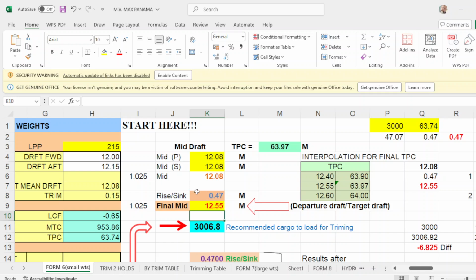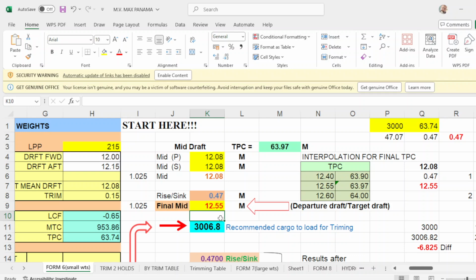The difference between your present draft and your final draft is 47 centimeters, which is your sinkage. From your initial draft, it will take the vessel about 47 centimeters to reach the draft of 12.55 meters.